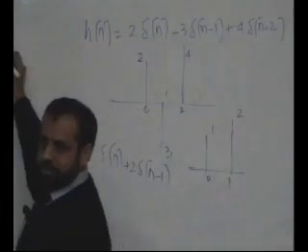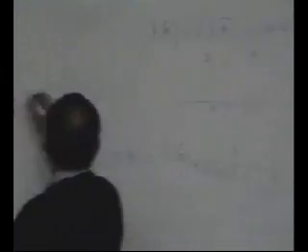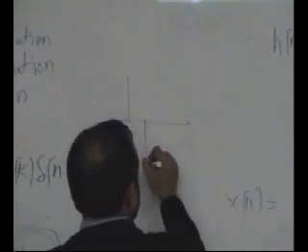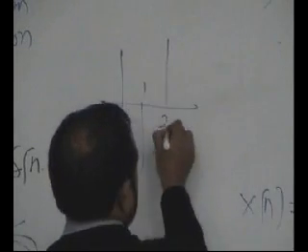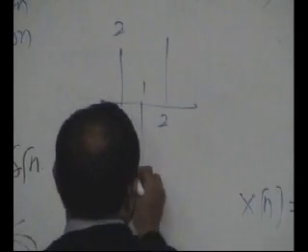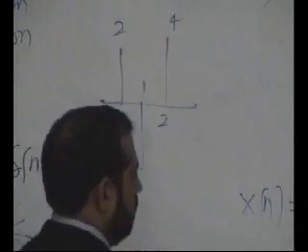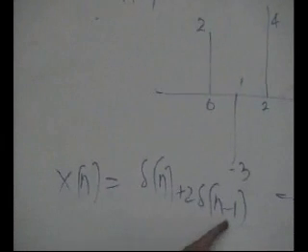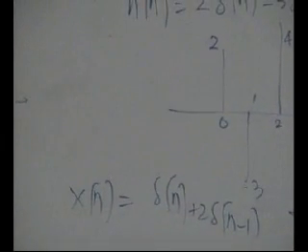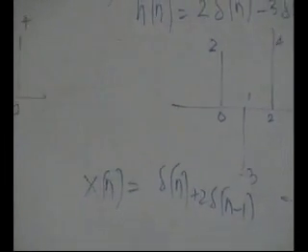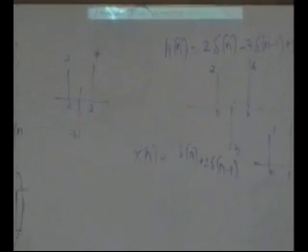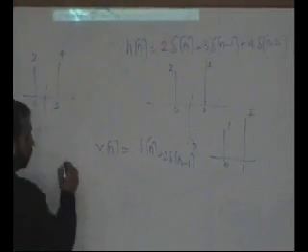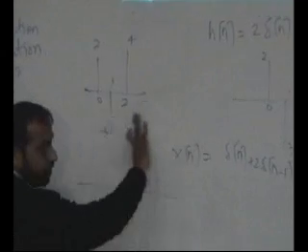All I need to do is draw 2, minus 3 and 4 at 0, 1 and 2, and then draw the same shifted by 1 and multiplied by 2. If I add them on a sample by sample basis, I'll get the answer. It's very trivial to compute. So multiply by 2 and shift it by 1.